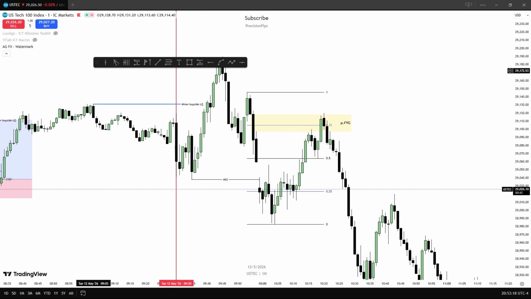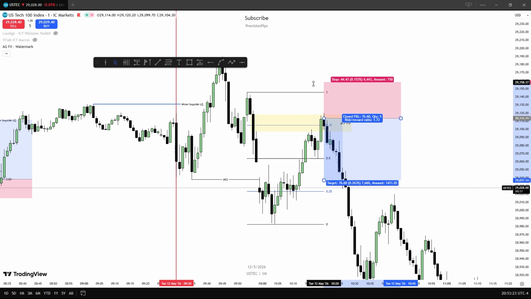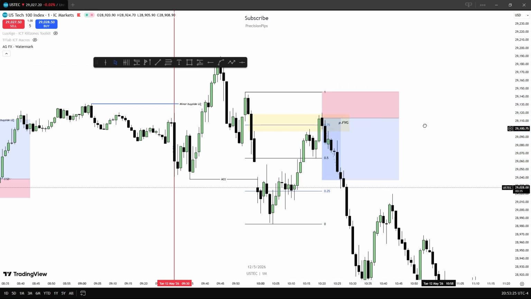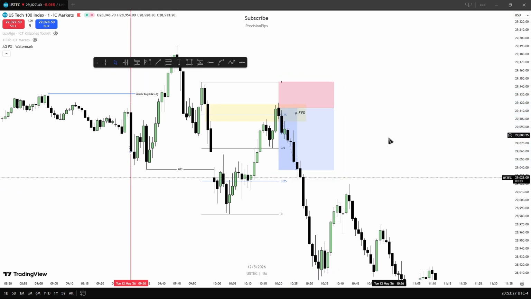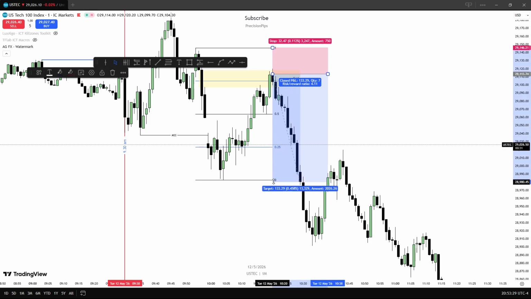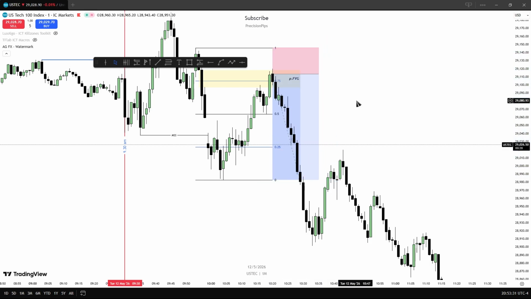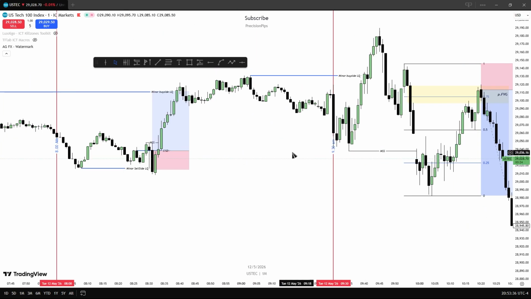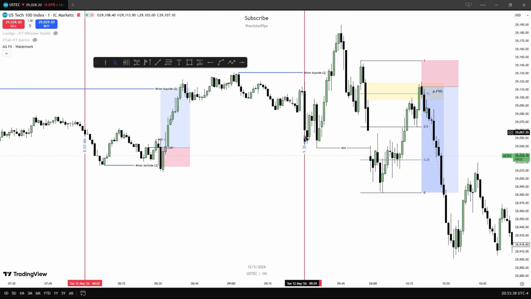We took our entry here, shorting, stop loss above the order block, targeting the sell side liquidity. And here is it for just using the Venom model that ICT talked about.